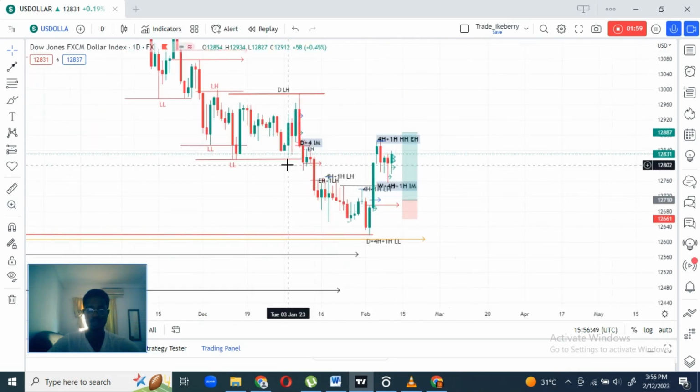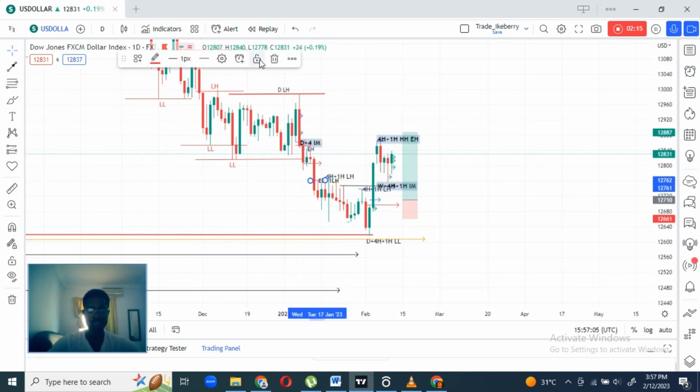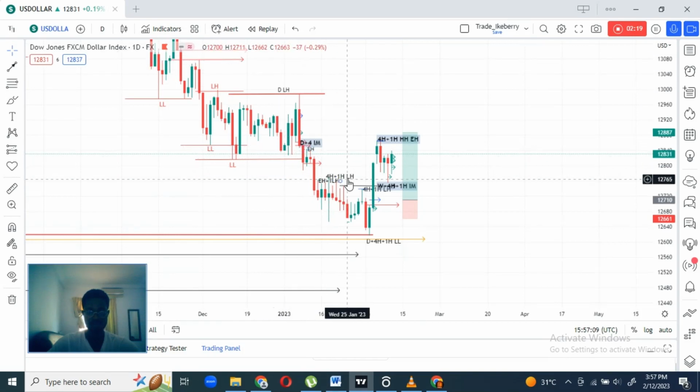As we knew from our previous videos, we identified that here is a daily imbalance as well as a 4 hour imbalance. We have some equal lows and equal highs here, which have been taken. Sorry, let me clear the chart. All these equal lows have been taken.